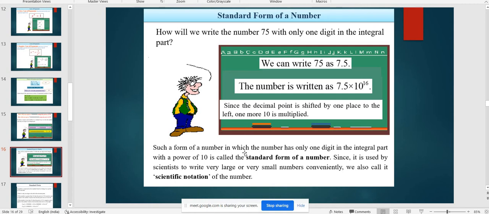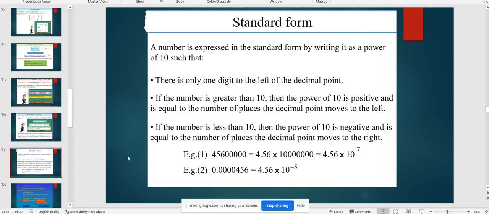Such a form of a number in which the number has only 1 digit in the integral part, with a power of 10, is called a standard form of a number. Since it is used by scientists to write very large and very small numbers conveniently, we also call it a scientific notation of a number.